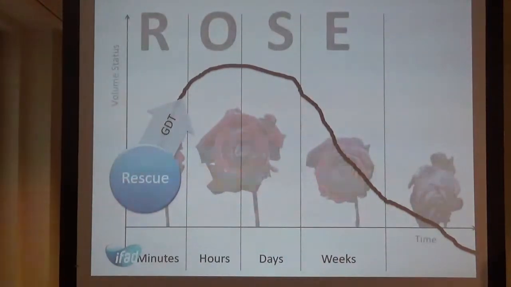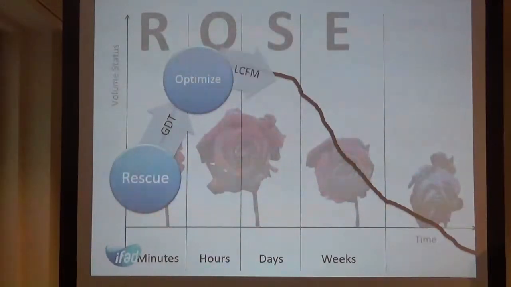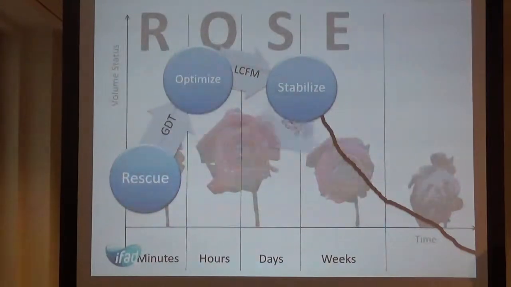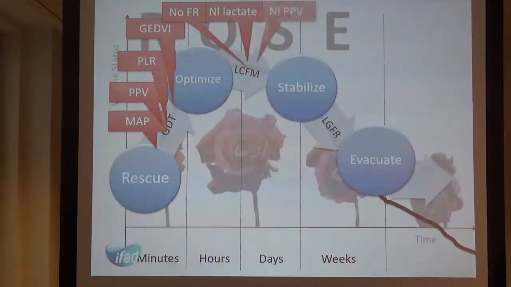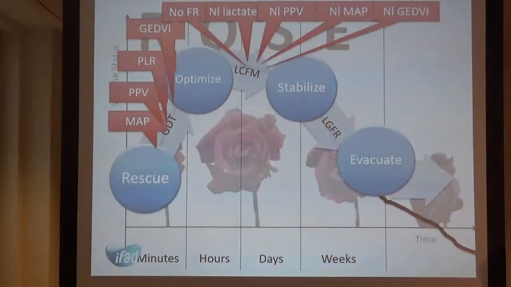After rescuing the patient with goal-directed therapy comes the optimization, and then maybe the late conservative fluid management to stabilize the patient, and then the late goal-directed fluid removal to evacuate the excess fluid. So it is these 4 phases and the different goals and targets that we may use, and this is the topic of my talk.